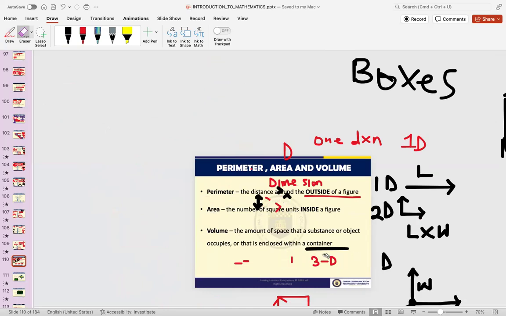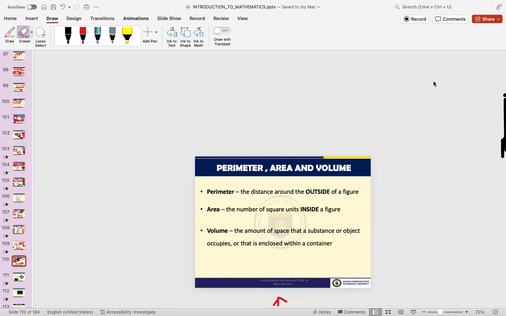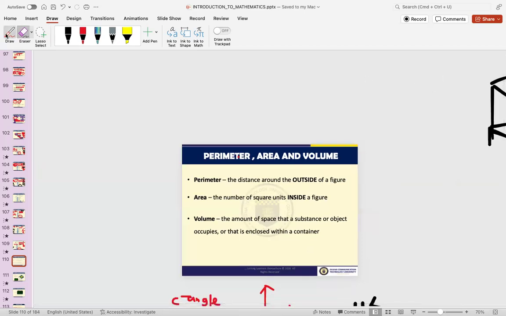The perimeter of an object, the area of an object, and then the volume of an object. Let's see how we can calculate the three at the same time using the techniques I'm about to apply. So look at the box, the cuboid.